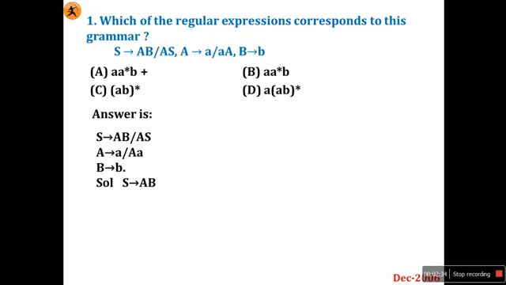Now what is your A? A is aA or a. In this first letter A, you may substitute aA. I think I have written it reversed, sorry for this. A goes to aA, this one. So I will substitute A as aA, and B. What is your A?